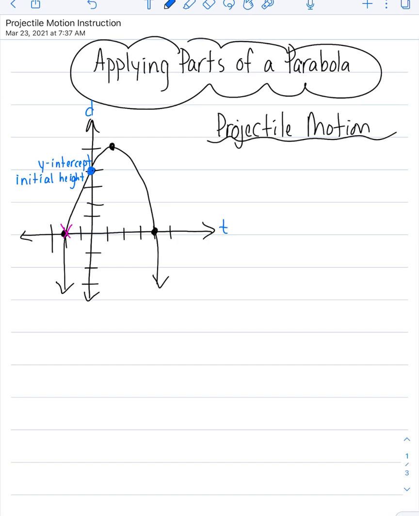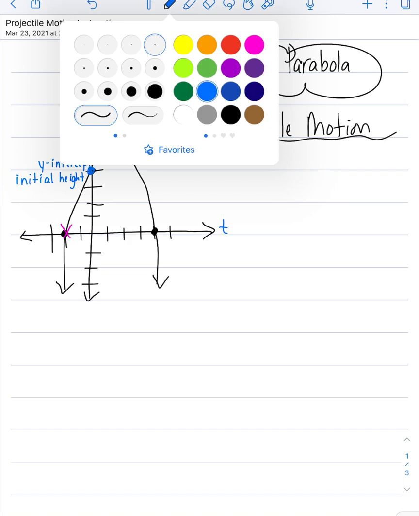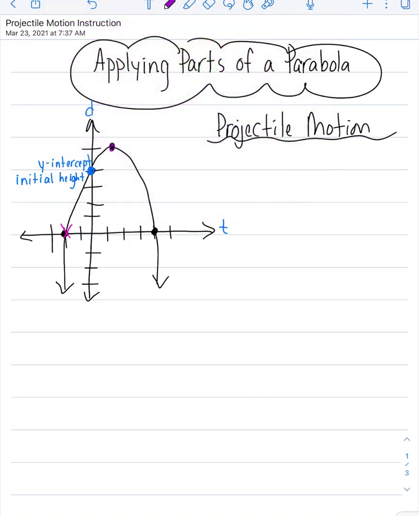All right, so let's keep labeling. The next point that we encounter is the vertex. Our vertex in this problem, remember, is in the form (x, y). Every point is (x, y).